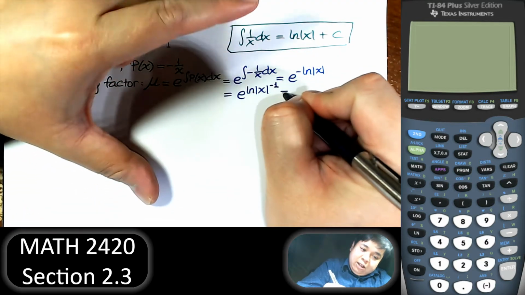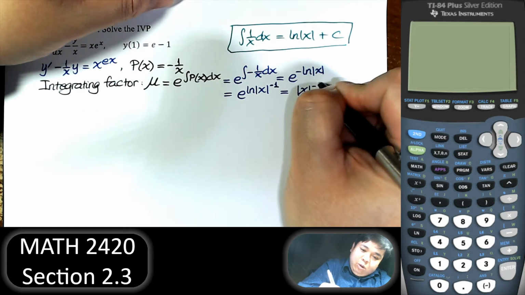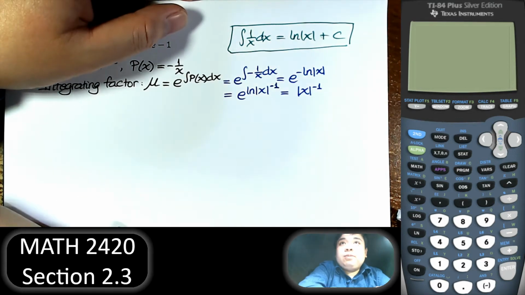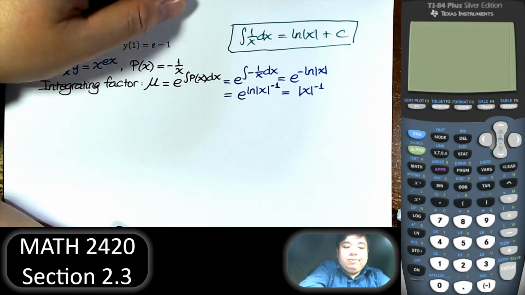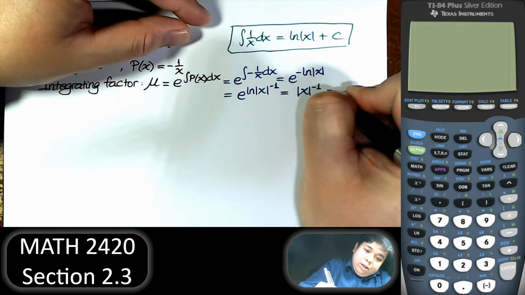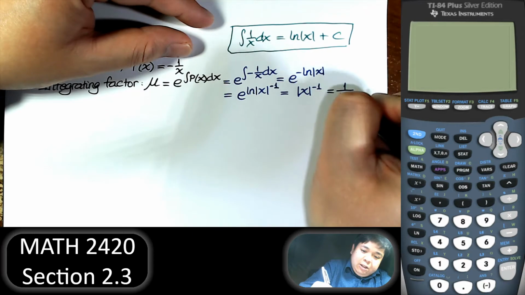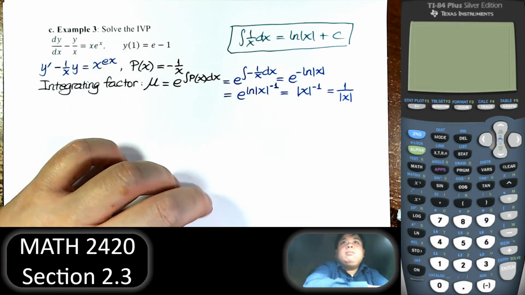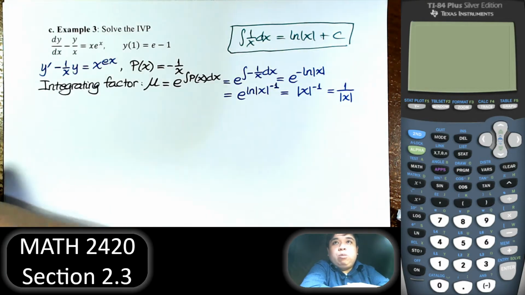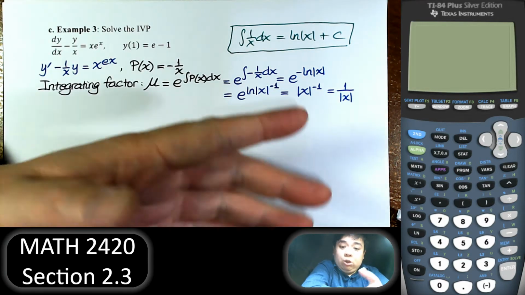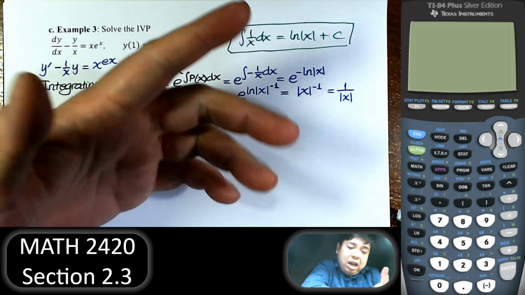We just have absolute value of x to the negative 1, which we can write as 1 over absolute value of x. Right? To the negative 1, moved to the bottom, becomes absolute value to the first power. So 1 over absolute value of x. Right. So that is the integrating factor.